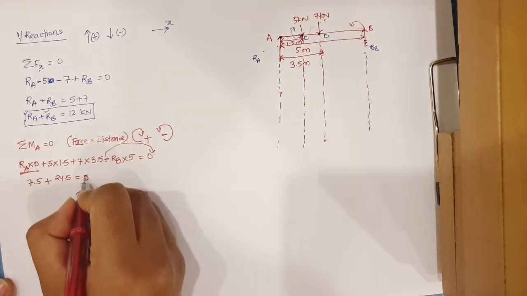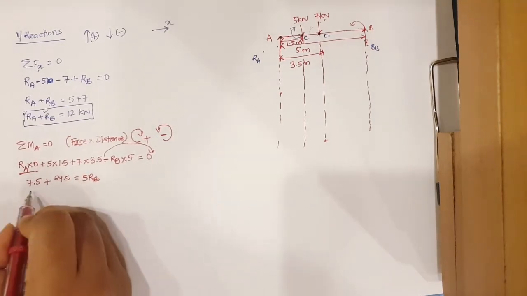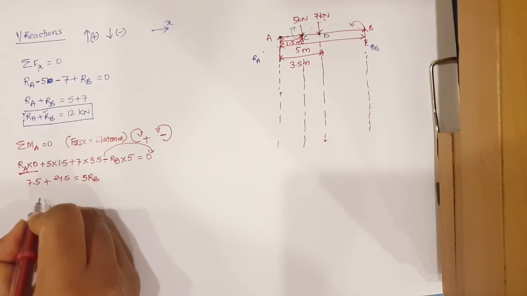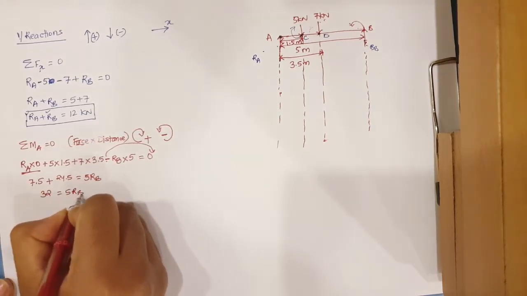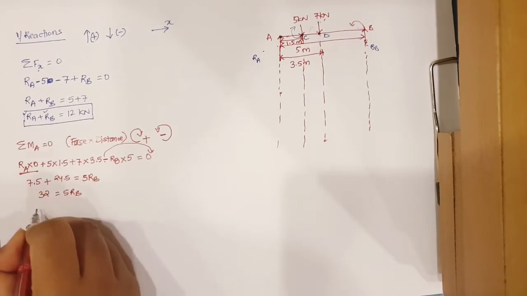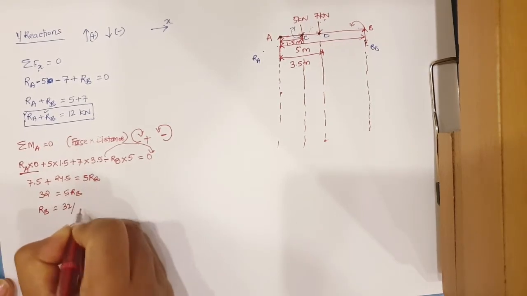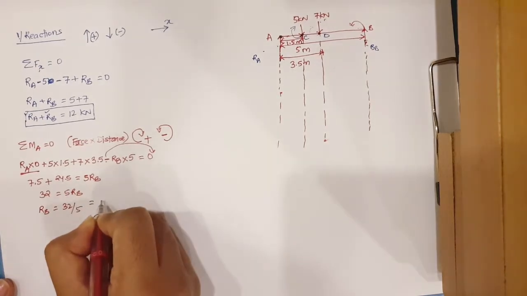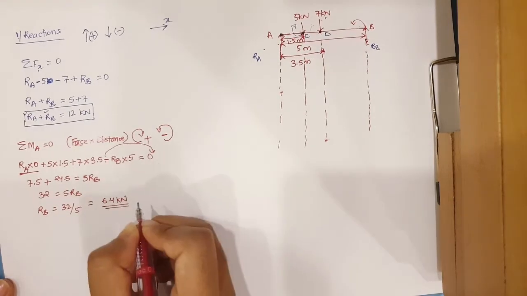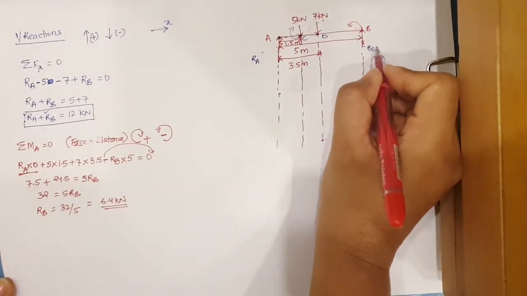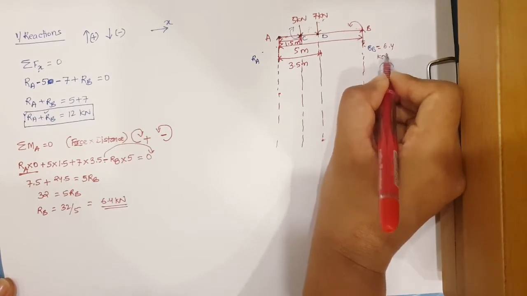RB into 5 will be equal to plus 5RB. तो इन दोनों को फिर हमने प्लस किया तो it will become equal to 32 equals to 5RB. Okay, now from here RB will be equal to 32 divided by 5. It will be coming equal to 6.4 kilonewton. So here RB is equal to 6.4 kilonewton.